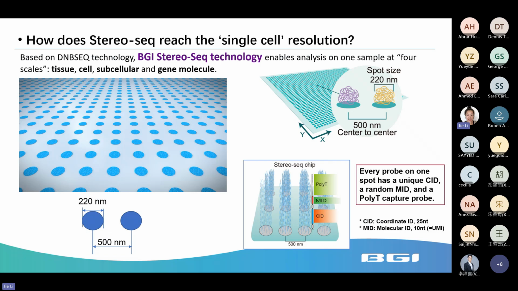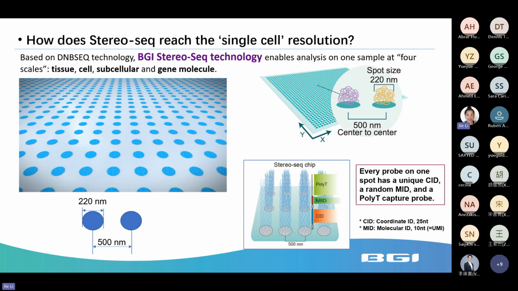So in general, how does Stereo-seq work? Stereo-seq is a technology independently developed by BGI, and it captures RNAs from tissue sections with stereo chips and restores the spatial context by utilizing the spatial barcode, also called the coordinate ID, CID. It establishes a solid research foundation for further understanding the relationship between gene expression, morphology of cells, and the local environment.